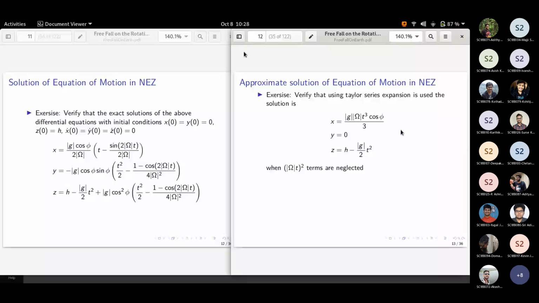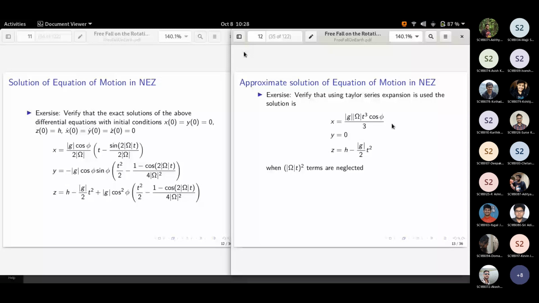So if you drop an object from a particular height, it won't directly fall on your head. It will actually move towards the east. Of course, if the height is not significant, it will fall on your head. Don't try this experiment. If the height is significantly large, then you will notice this eastward drift. So this is the main thing.